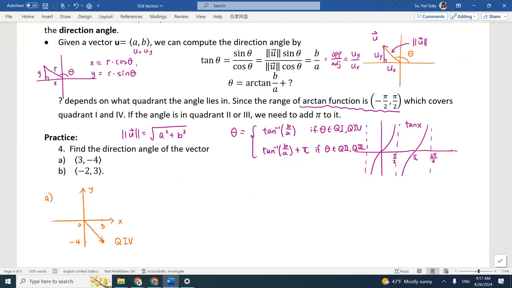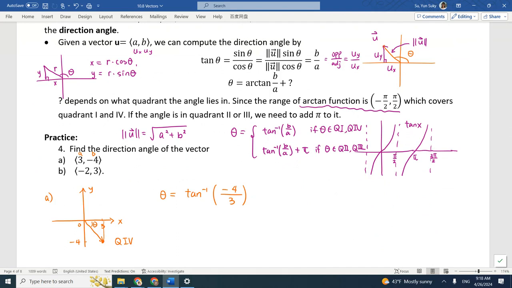Therefore, our theta is arctangent of b over a. You know, a is the x component, b is the y component. You are using the y component, -4 over 3. Is that okay, everybody? If you want to draw the picture here, tangent is opposite over adjacent.